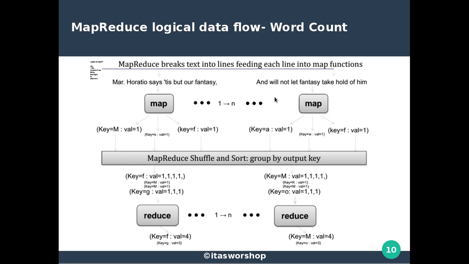Your text file is divided into lines, and one line can be handled by one task. Now the key will be m and the value is 1. So here the value is just a mark, we are just putting a tag on it. So like for a word starting with m, we are putting some tag.